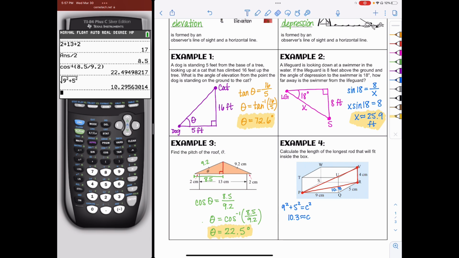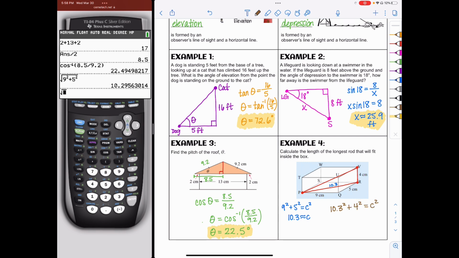All right. Now that I know that part is 10.3, I can use what I have to figure out the length of the longest rod, because now I have everything inside of that red right triangle there. I'm going to use the Pythagorean theorem again. To calculate that longest rod, I'm going to have 10.3 squared plus 4 squared is equal to c squared.